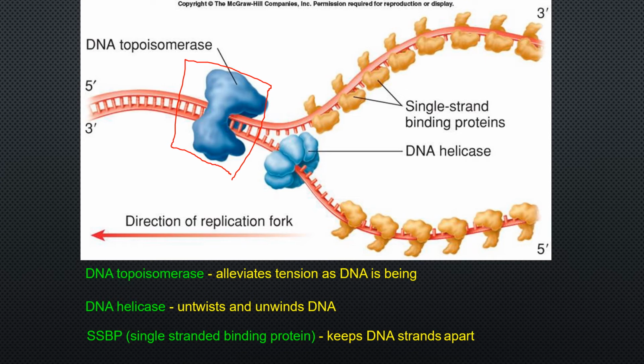And the molecule that unwinds the DNA is what we call the DNA helicase. And so that untwists the DNA to allow for this replication fork.